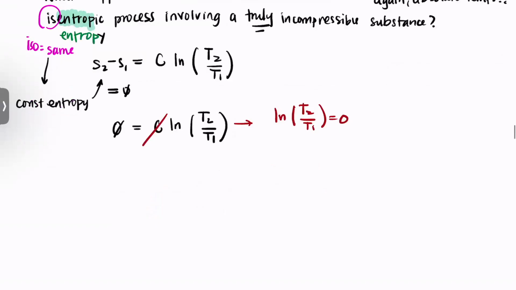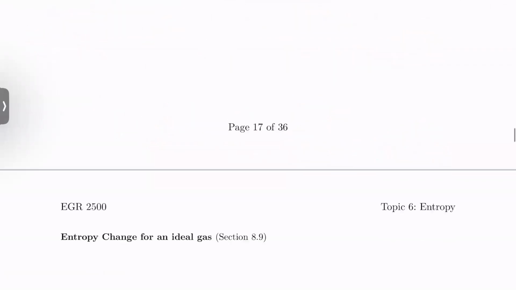I can exponentiate both sides. So I have T2 over T1 is equal to exponential of 0, which is what? It's just 1, right? So this means that T2 is equal to T1. So for an incompressible substance, if the process is isentropic, your temperature does not change at all. Okay?